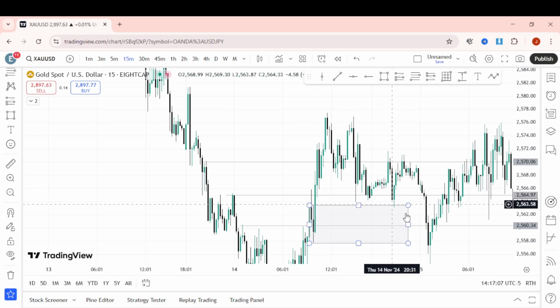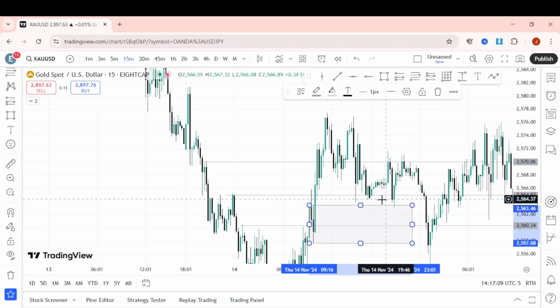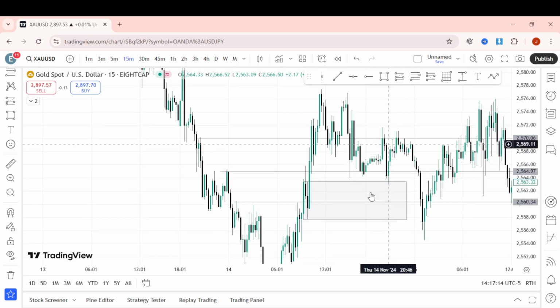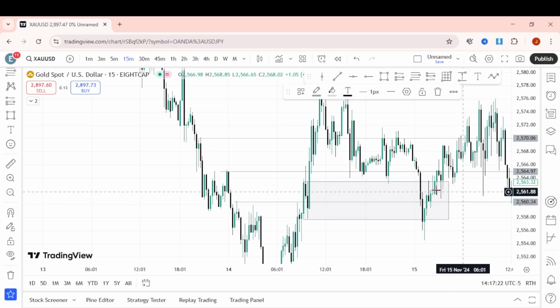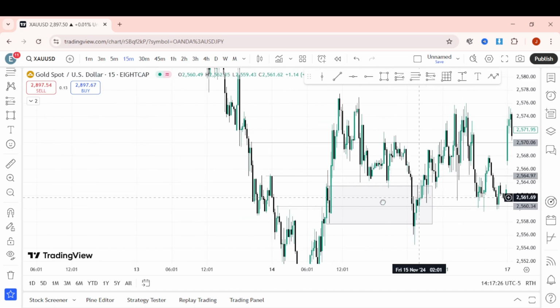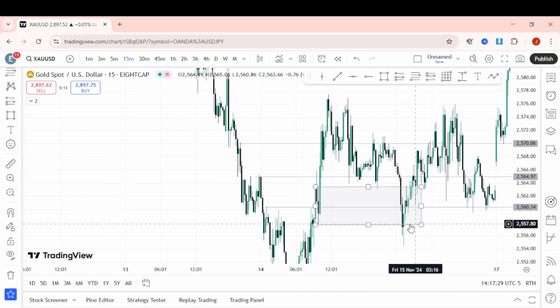So price tapped this order block right here, tried going up, but eventually I think the demand to go up wasn't enough, so it eventually came all the way down. So it got stopped out. This certain order block is invalid because it got stopped out, right?